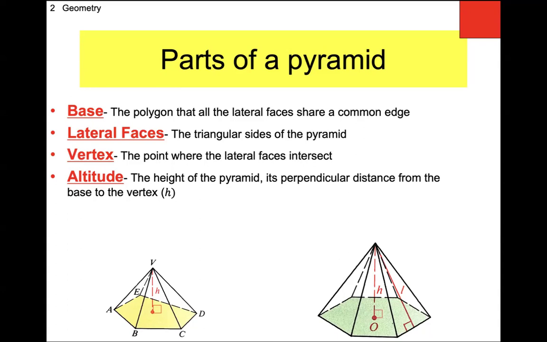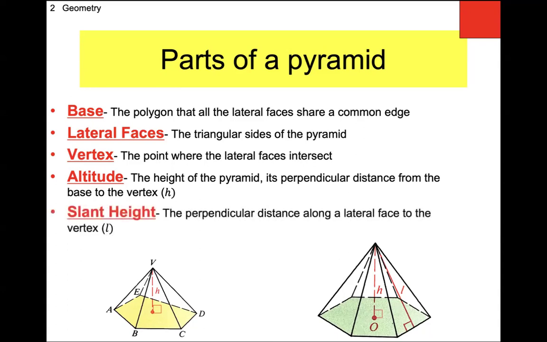That is the perpendicular distance between the base edge and the vertex. Notice it's kind of slanted, which is why we call that one the slant height. I always say, imagine yourself walking up the side of a pyramid. You probably wouldn't want to walk up on the spine. You'd probably walk up on the lateral face portion of it, not an edge. The distance you would walk would be called the slant height.